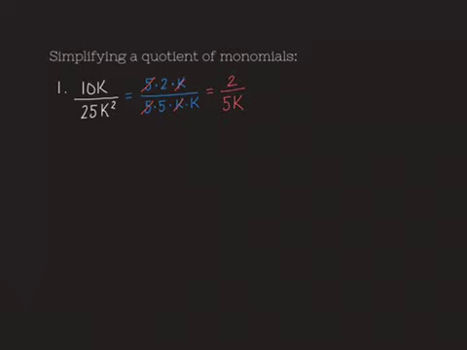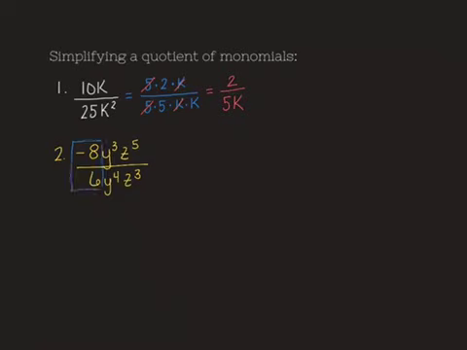Let's look at one more like that. Let's look at negative 8 y to the third, z to the fifth, over 6y to the fourth, z to the third. But this time let's use our exponent rules instead. So we're going to start just by looking at negative 8 over 6.